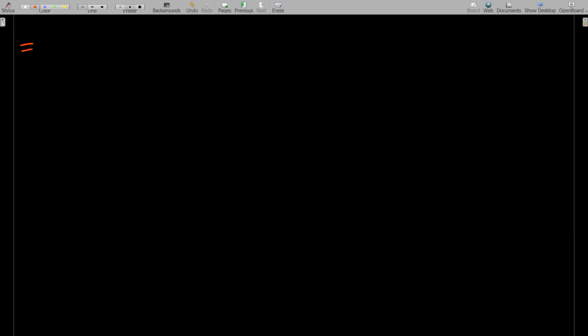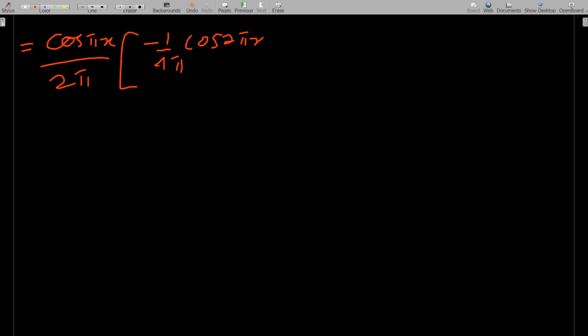When I put in the limits, I'm getting cos pi x over 2 pi, then minus 1 over 4 pi cos 2 pi x. Okay, minus that, and that will give me plus 1 over 4 pi.